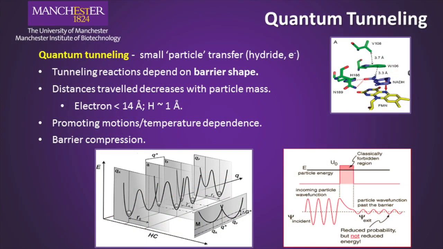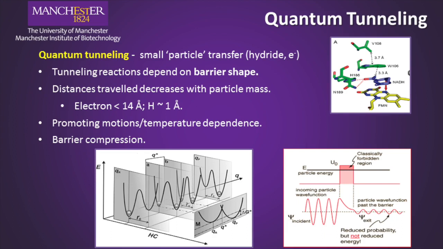And then finally, in recent years, we've begun to appreciate that for enzymes that catalyze small particle transfer, that is, for example, electron transfer or hydrogen transfer reactions such as protons or hydrides or H radicals, we can also exploit quantum tunneling processes.